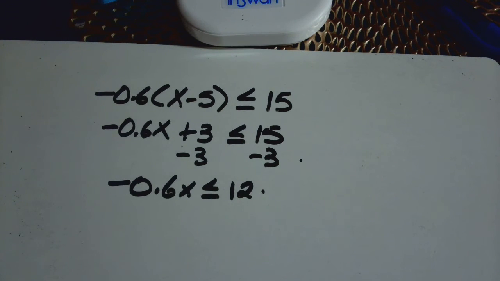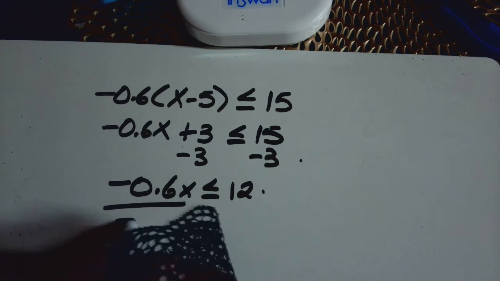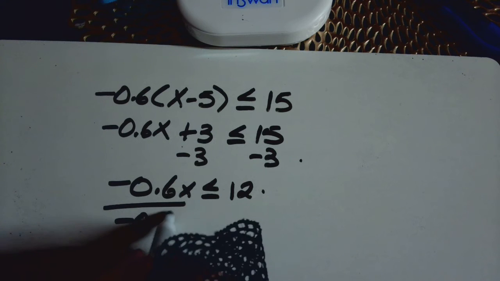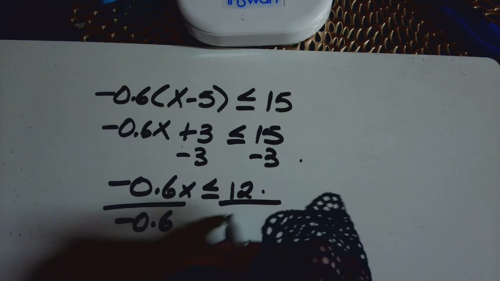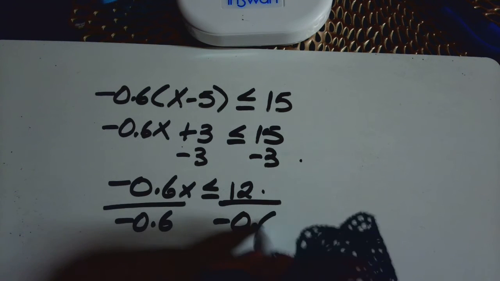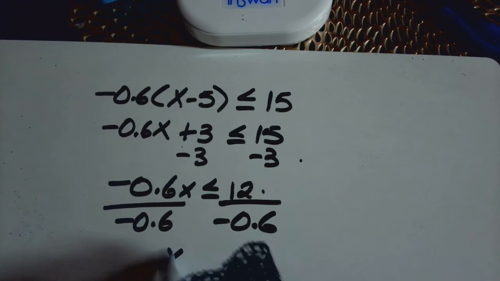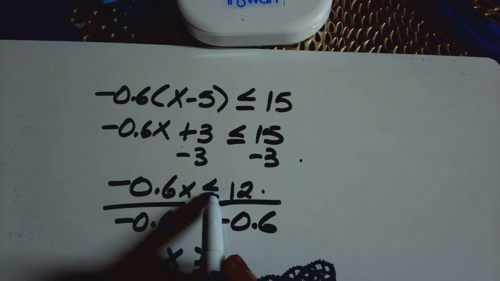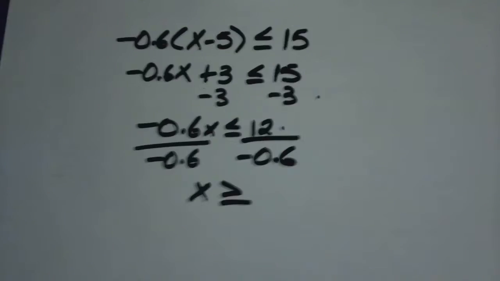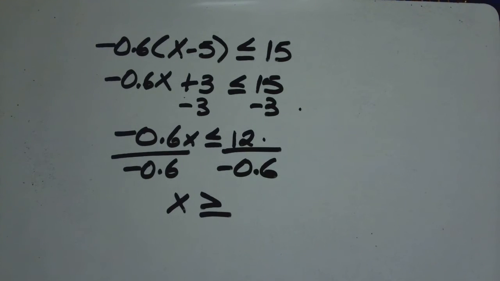Okay, and so everything's good now, but here's where I have to be careful because now I'm going to divide by a negative 0.6. So remember, the rule is when you divide or multiply by a negative, you have to flip the inequality. See how it's this way? So now you're going to flip it so it goes the other way.